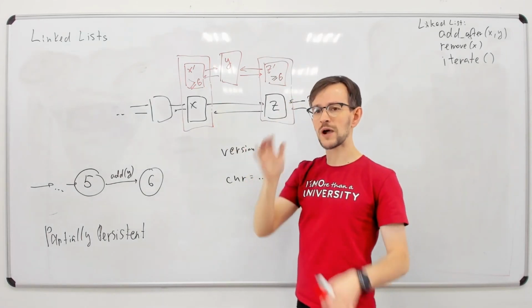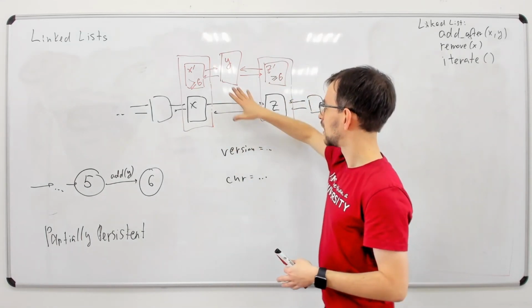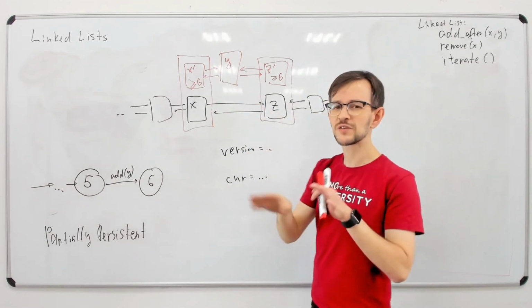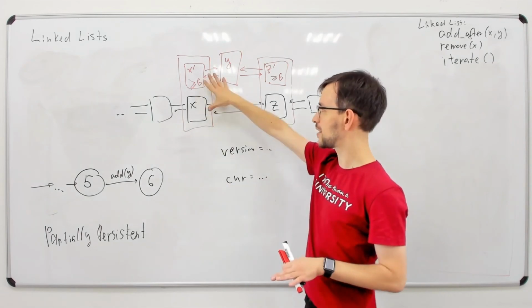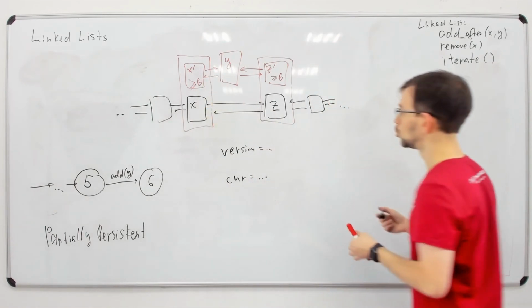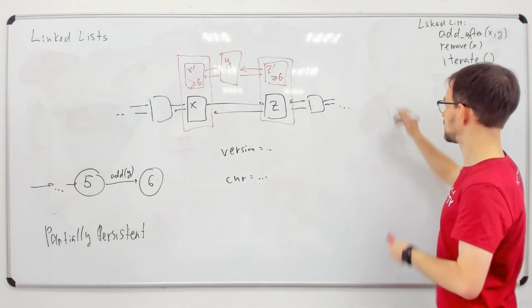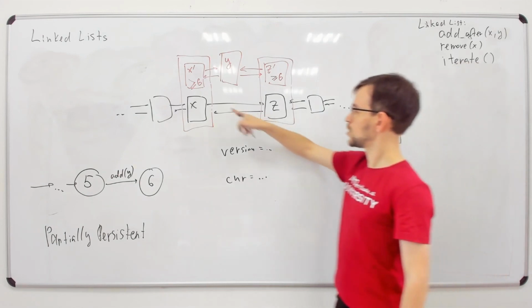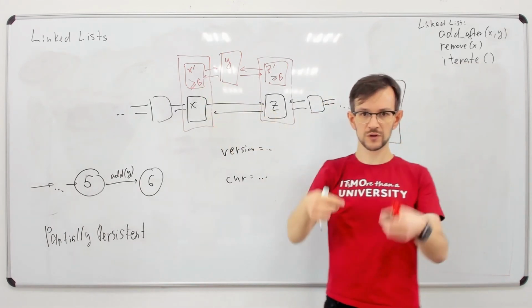You may have two versions. There are two different techniques for applying this in the real pointer machine model. The first way is to just have this big node x, which has two sets of fields.